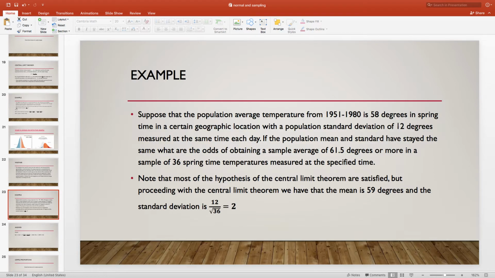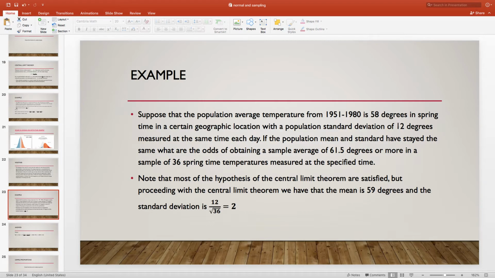Okay. Then what I can do today is I can take a sample, and let's say I took 36 samples of temperatures at a specific time, and I found that the sample average was 61.5 degrees.